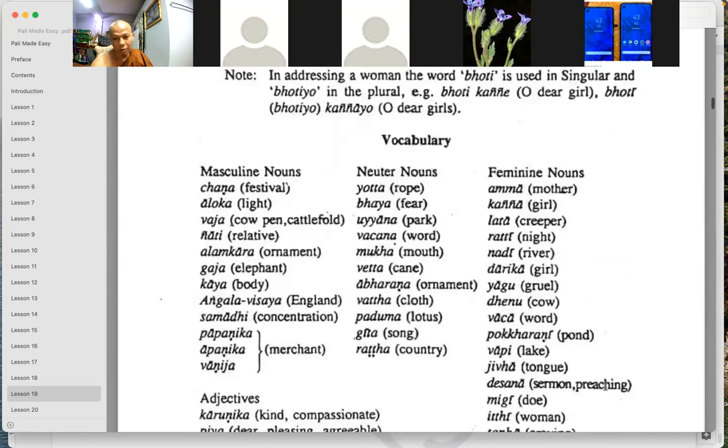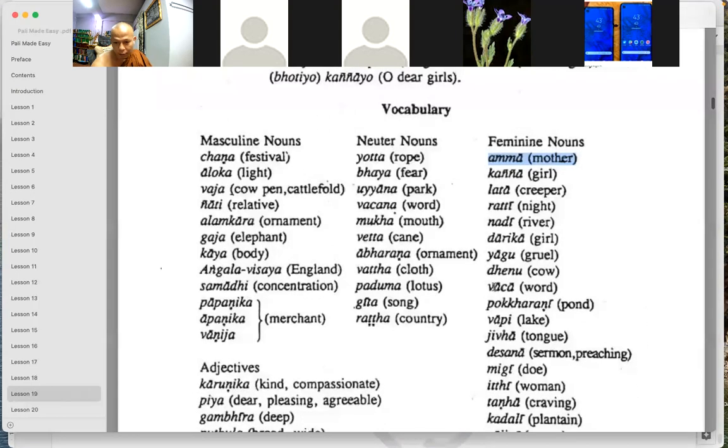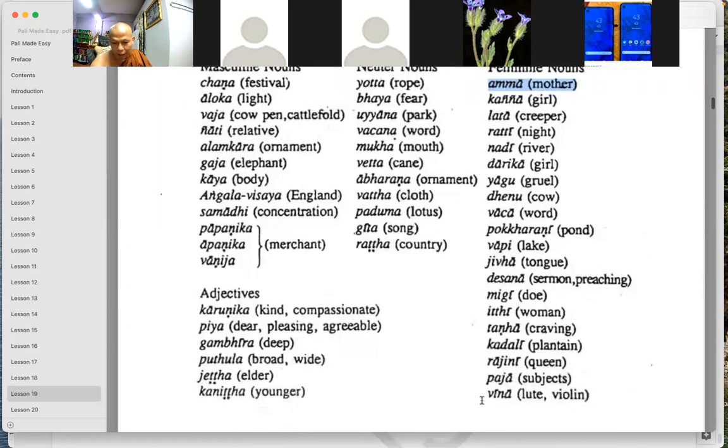So here, most of the nouns are ending in the long a, like amma, kanya, latta, okay, and the vacha, and the jivha, desana, and the tanha, paja, vina. So they are exactly the same as kanya in declension, in their form with the case endings. The same way, you know, ratti ending in i, and here vapi.